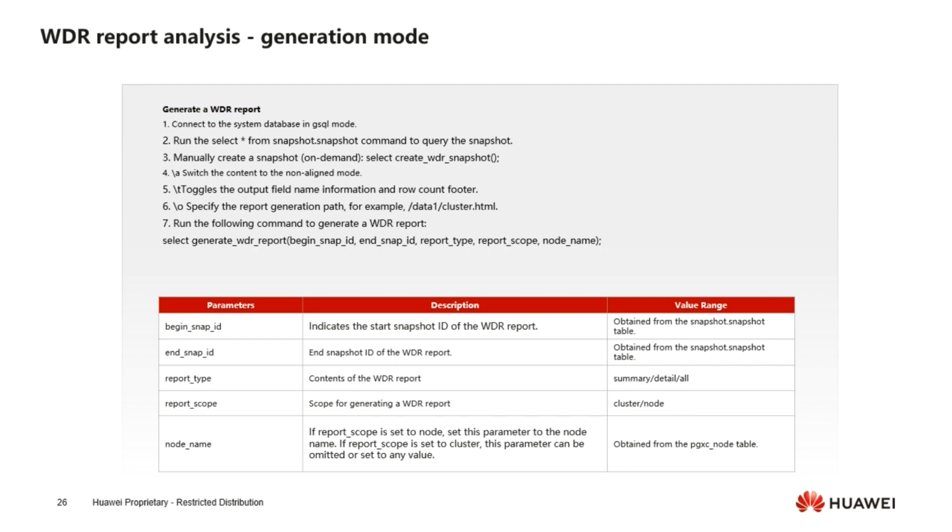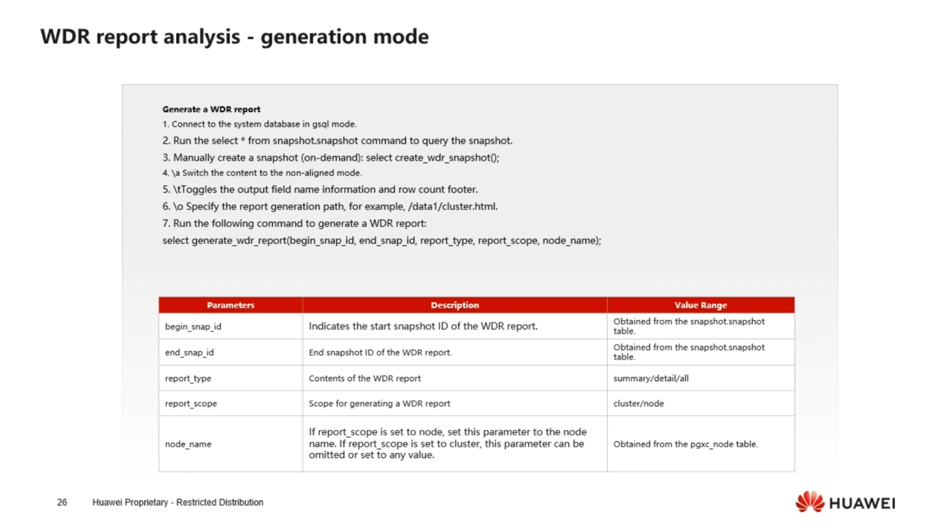Then, as a user, here's the way to generate a WDR report. If you have a visualized maintenance platform, you may be able to achieve that by just clicking a button. But this is the command line way. We connect to the system database named postgres using the gsql tool.